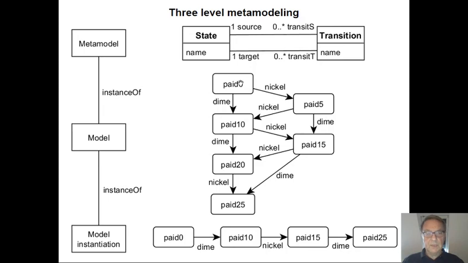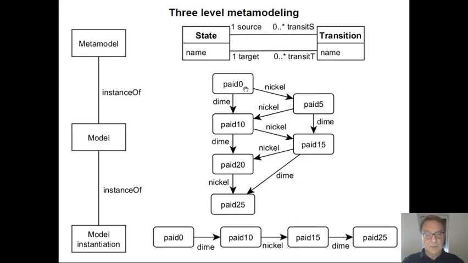Or you can go here through the other way. You can pay choosing only nickels, only 5-cent coins, nickel, nickel, nickel, nickel, nickel, and you end up in 25. Or you can have here an arbitrary mixture when you, for example, pay a nickel, pay a dime, and pay a dime again.